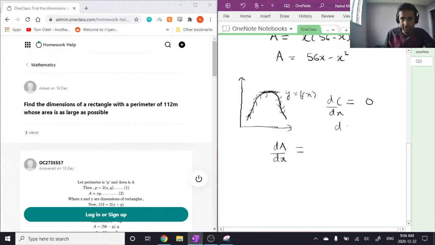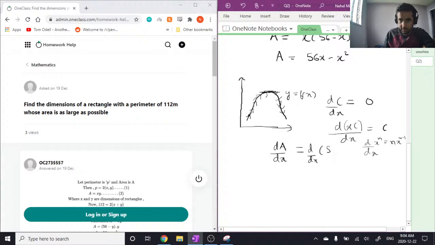If I have d over dx of c times x, it becomes c, which is a constant. And if I have d over dx of x to the n, it becomes n x to the n minus 1.